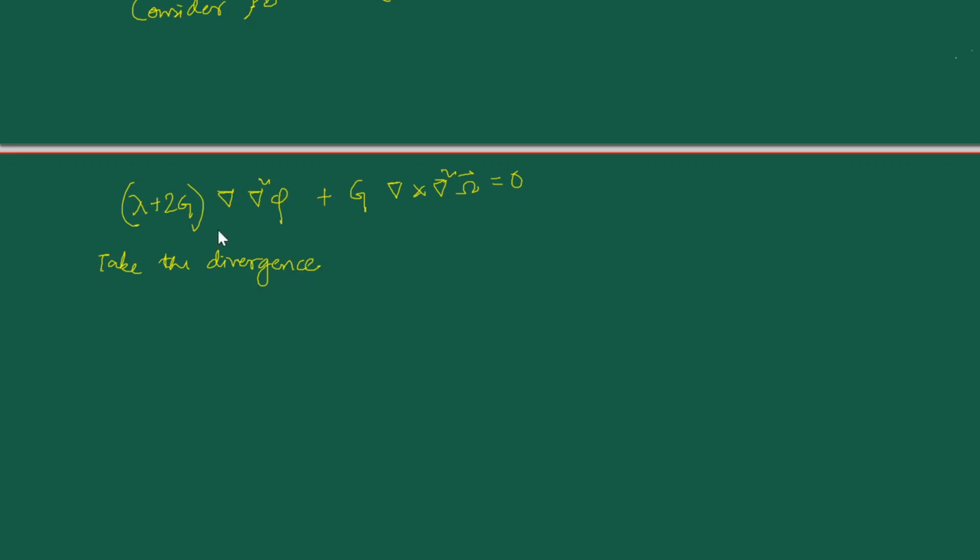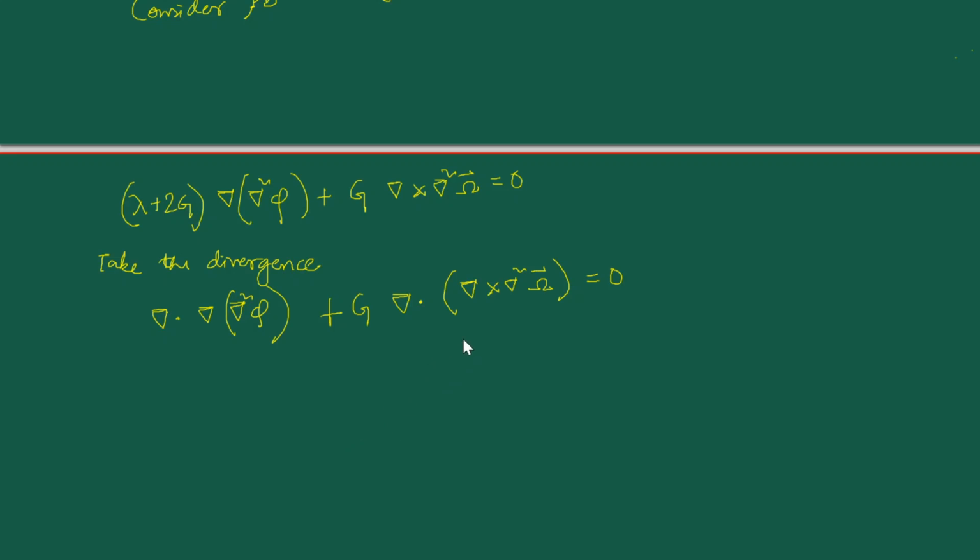So if we take the divergence of this, we have divergence operating on this grad, and here we have this thing.